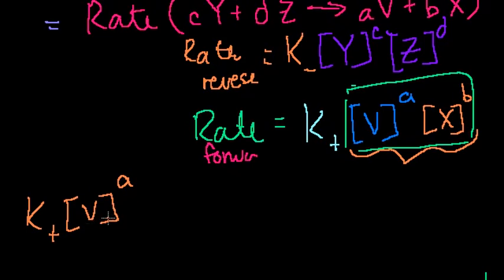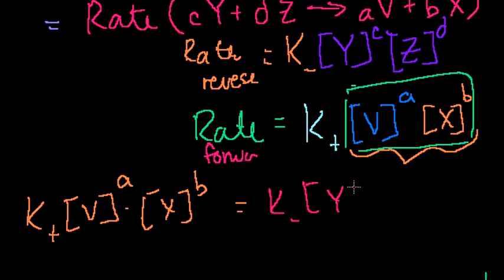It's the concentration of V to the A power times the concentration of X to the B power. That's the forward reaction, and that has to equal the reverse reaction. So K minus times the concentration of Y to the C power times the concentration of Z to the D power.